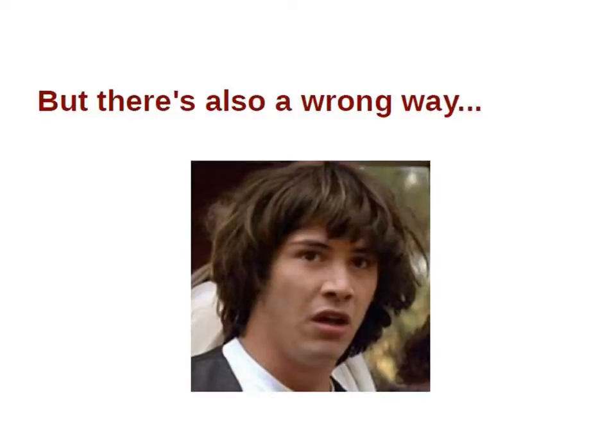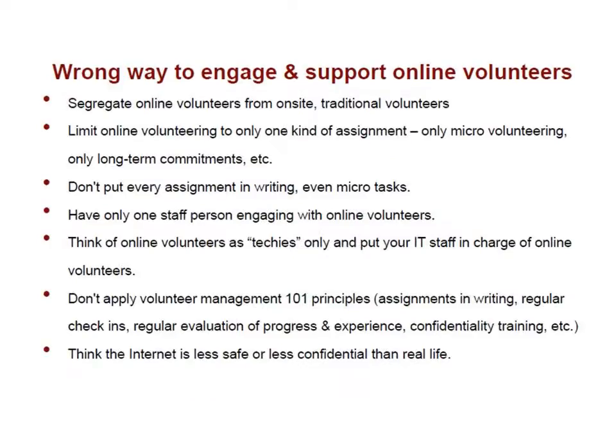But there is also a wrong way to involve online volunteers, as Keanu Reeves has found out. Don't segregate your online volunteers from your on-site traditional volunteers. Don't create 2 different discussion groups, for instance, one for your real volunteers and one for your virtual volunteers. That's a dreadful idea.